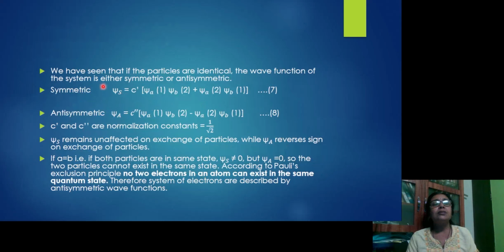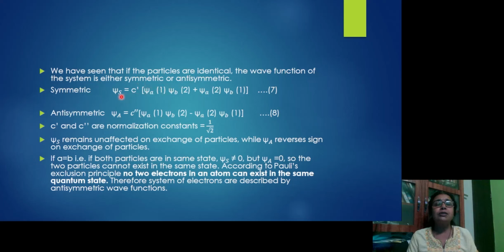So let us consider such linear combinations of these two system descriptions. The wave function of the system will be either symmetric or antisymmetric, because we have just now seen that if the particles are identical, they can be represented by a symmetric or antisymmetric wave function.